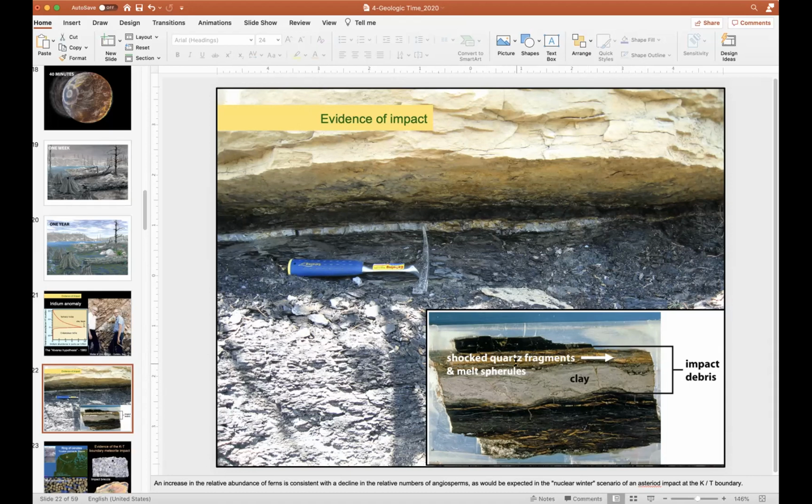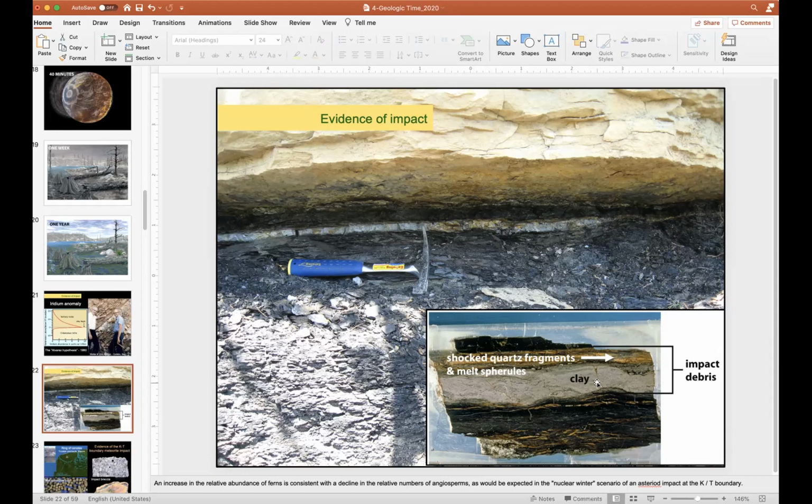I'll show you them in the next slide, little blobs of actual melted rock that were deposited. It happened because the impact hit Earth so fast, and with such great force, that it melted the rock. So that must mean that it got up to, let's say, 800 degrees Celsius, really hot, to melt some of this material.